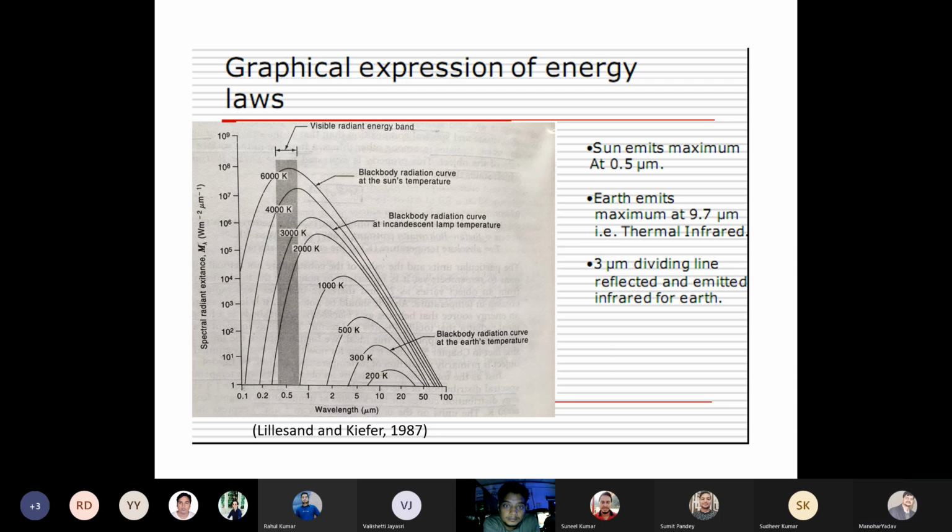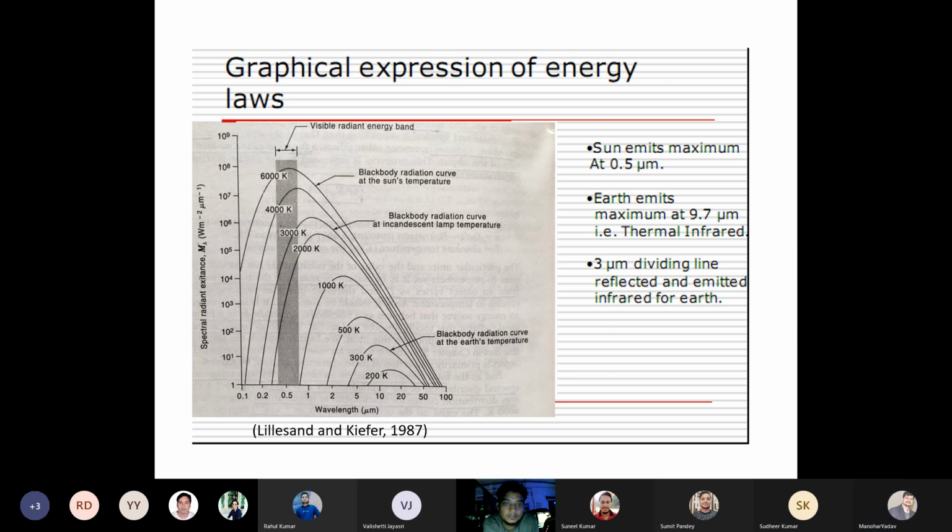This curve indicates the variation of energy, and on the independent axis we have the wavelength. So with respect to change in the wavelength, how the spectral component of radiated energy is changing. And we also define the peak in this plot.